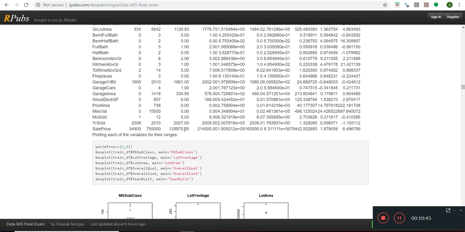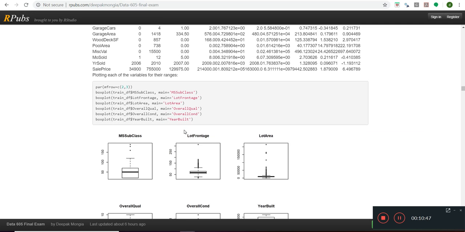And moving forward, we are creating here the box plots of all of our numeric variables.